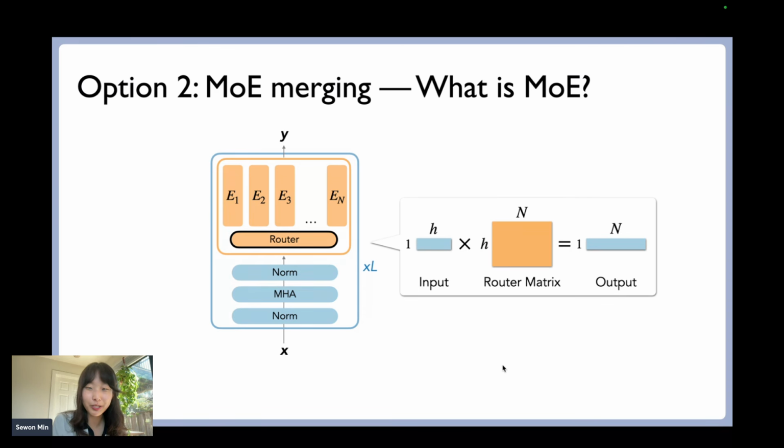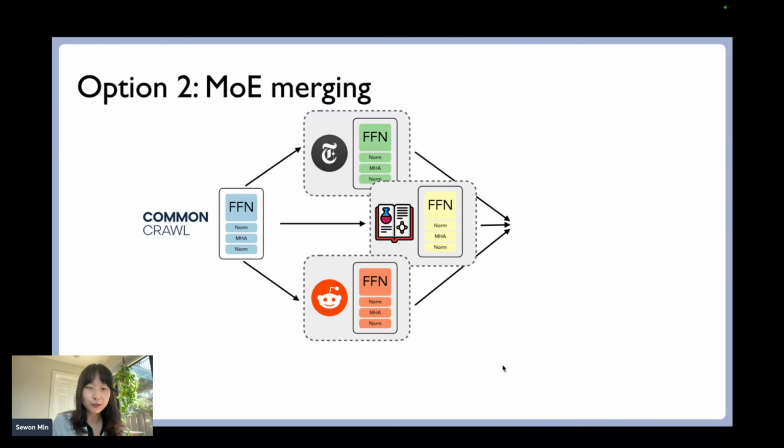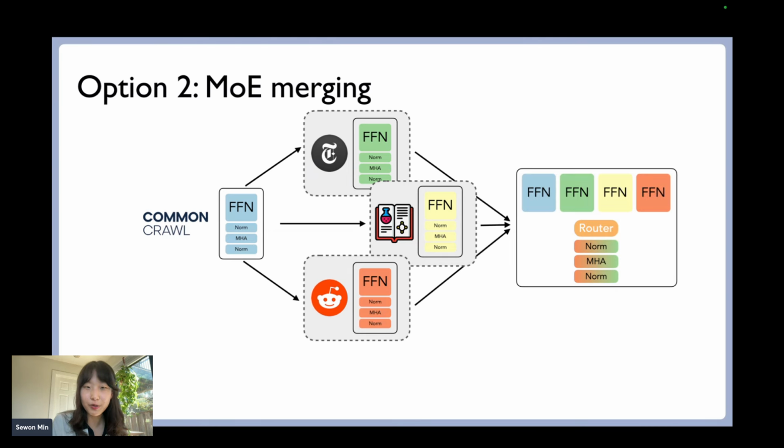So how do we use mixture of experts in our problem setup? Again, we have a starter model that is a regular dense model, only has one FFN, and then each data owner takes it and does continued pre-training to train their own model. And then we merge it through mixture of experts. What we do is, first, we keep each FFN separately, so they're not going to be merged.